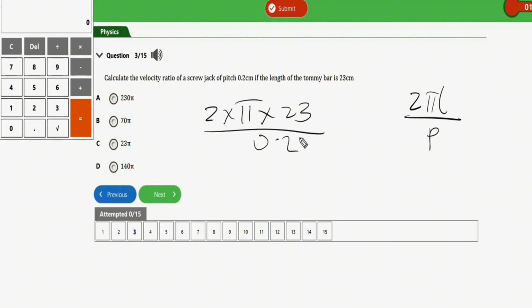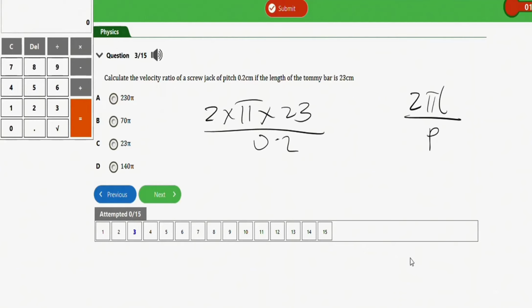Let's punch this on the JAMB calculator: 2 times 23, divided by 0.2, we have about 230. Remember the π, so 230 times π gives us 230π. So the correct option to this question is option A.